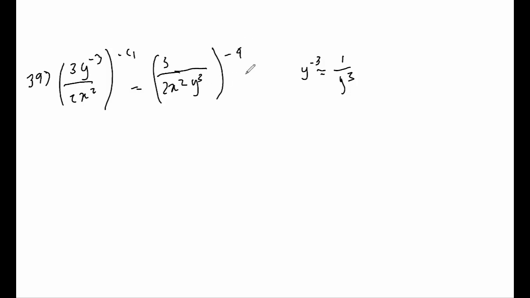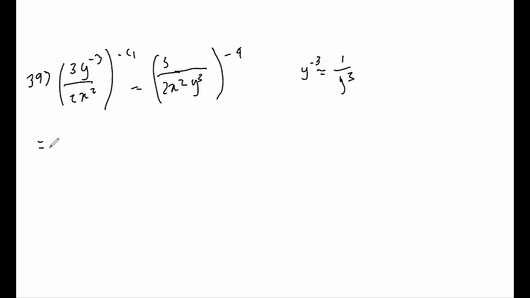So what I'm going to do is get rid of the negative number inside the bracket. So as you recall, y to the negative 3 is going to be 1 over y to the 3. So I'm going to now rewrite this as 3 over 2x squared y cubed, and this whole thing is to the negative 4th power.